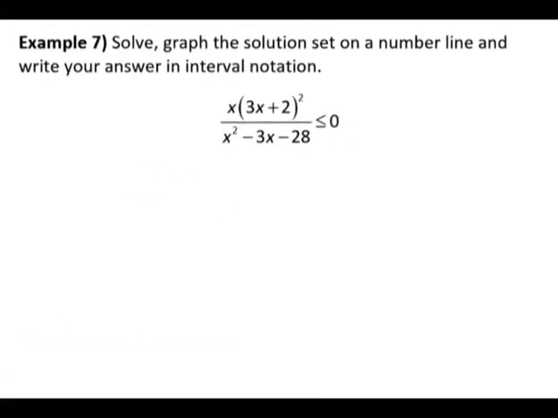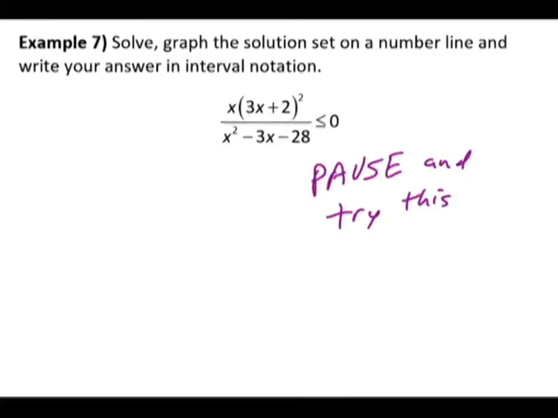If you haven't tried this one yet, please pause the video and give it a shot. Here's my solution.